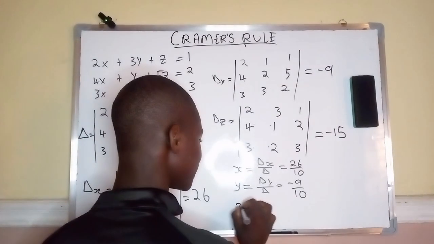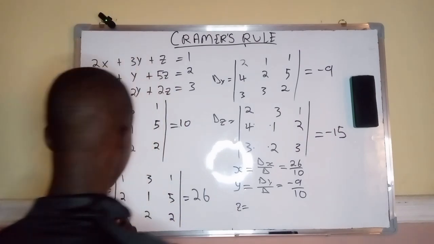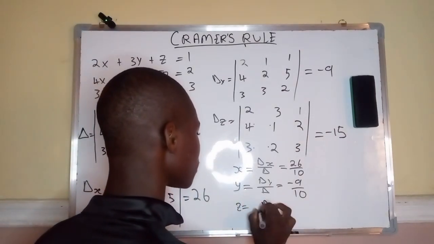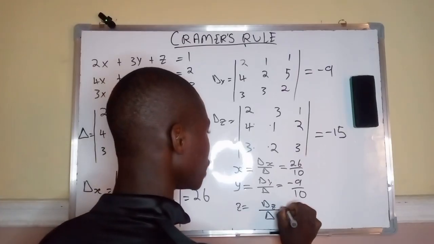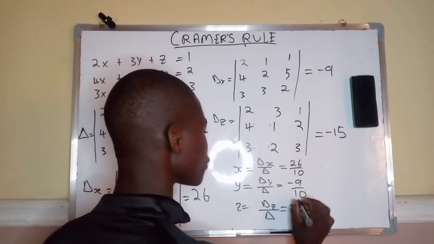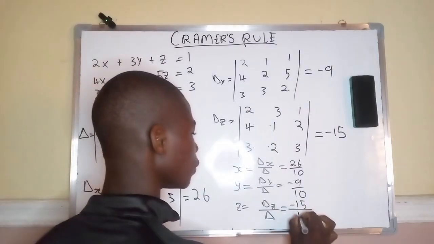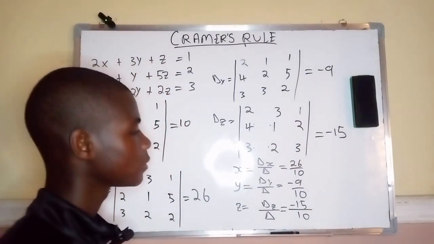And therefore, z is equal to dz over the determinant, which is minus 15 over the determinant, which is 10.